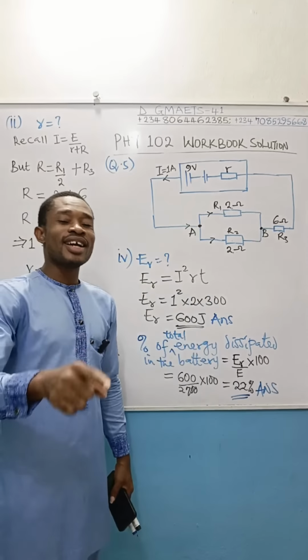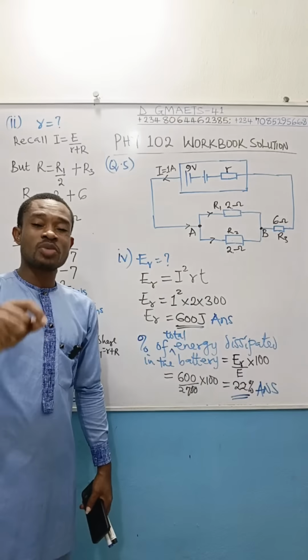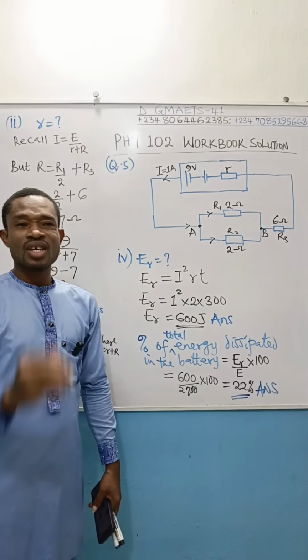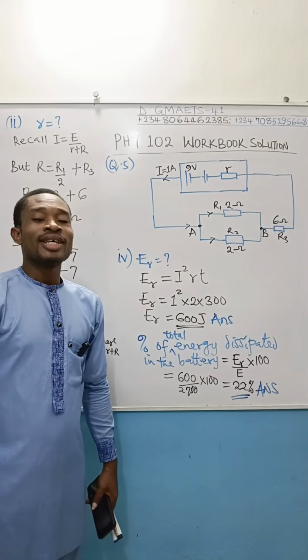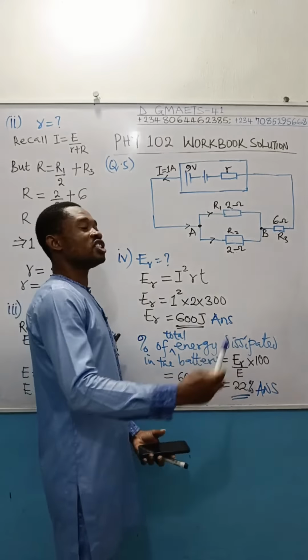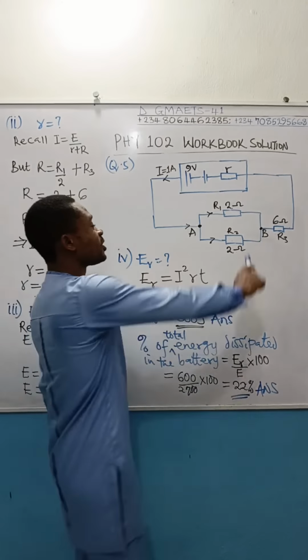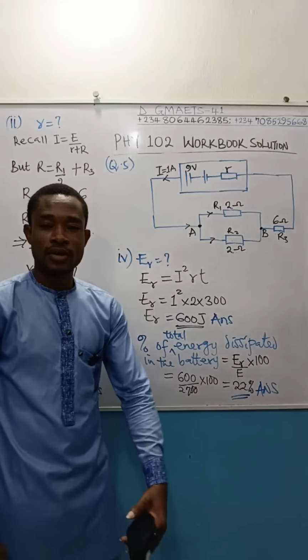You will find that the EMF you get will not be exactly 1.5. It will be a bit less, maybe 1.49 or something. This is as a result of the lost voltage, which is still due to the internal resistance.